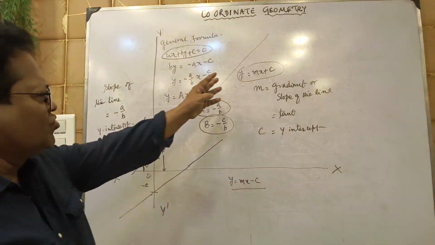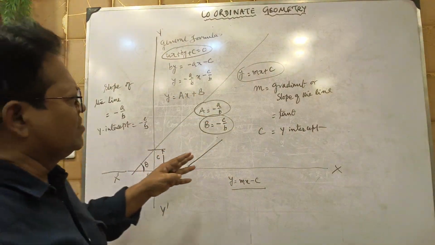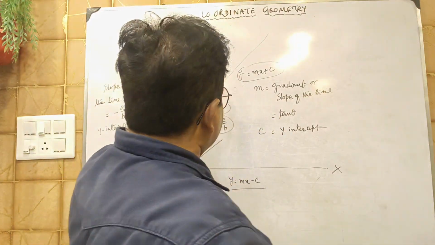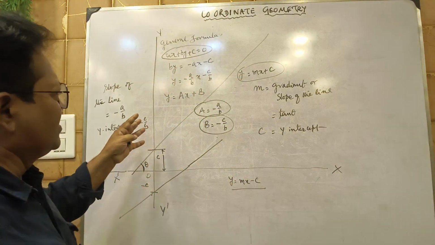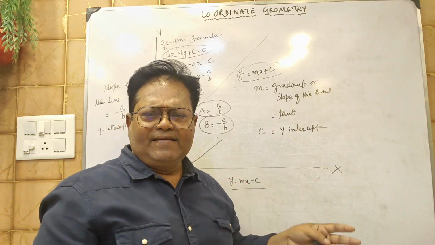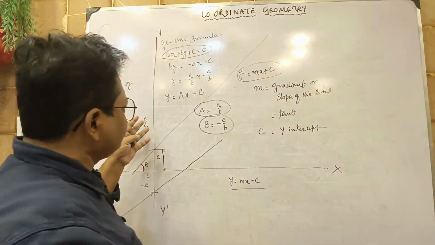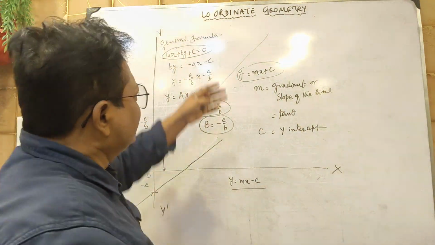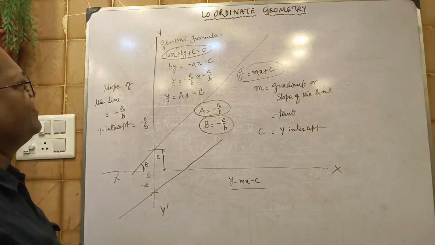So for these two forms of equation, standard and general forms, that is how we find the slope or gradient of the line and also the y-intercept.